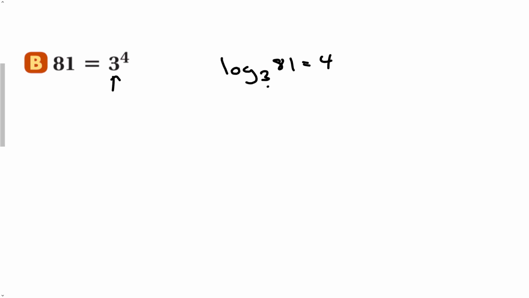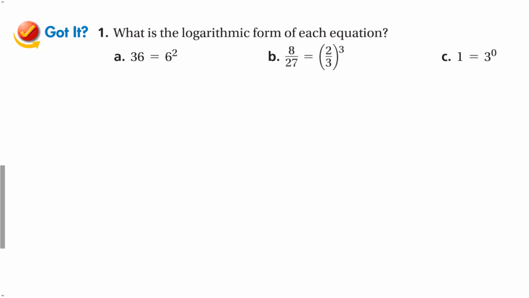All we're doing here, we're not solving these yet. We'll do that in a second. All we're doing is changing this expression, which uses exponents, to something that uses a logarithm. So this would be the log of 36 is equal to 2. That's the base.